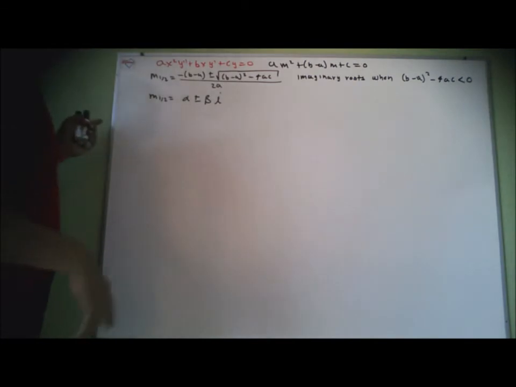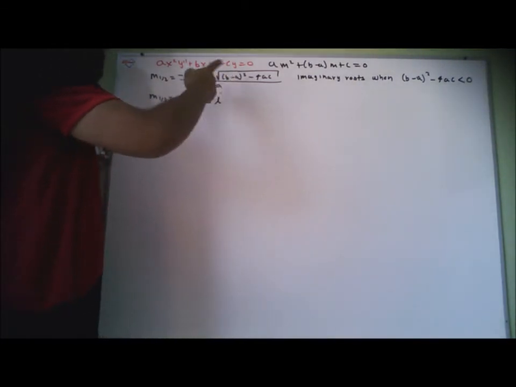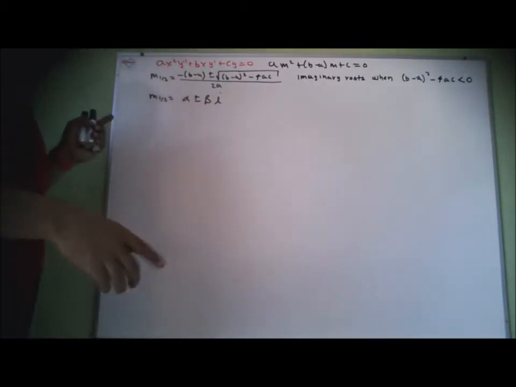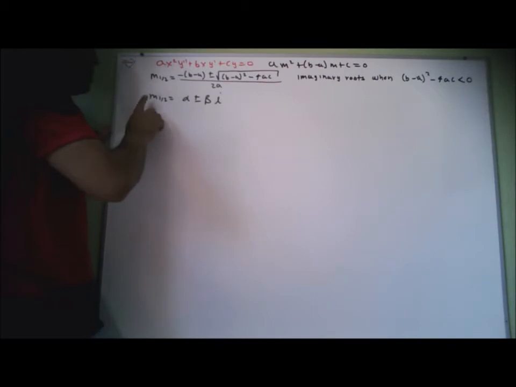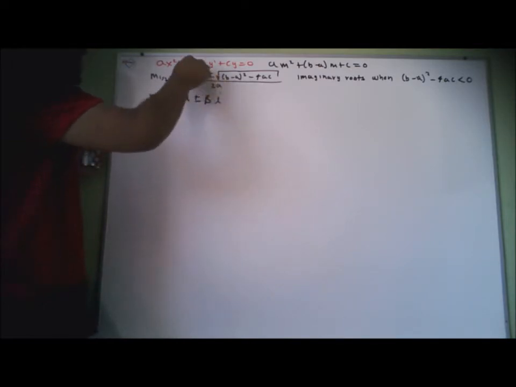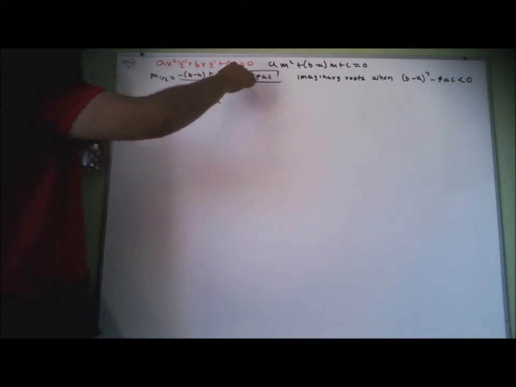When that happens, you will have a square root of a negative number, which will become the I. So in general, the roots will be a real part plus minus an imaginary part, where alpha is going to be this number divided by 2a, and beta is going to be this number here, the square root of 4ac minus b minus a squared.